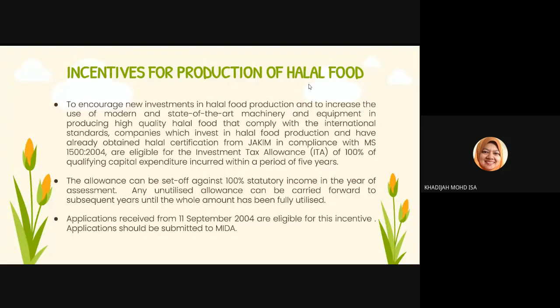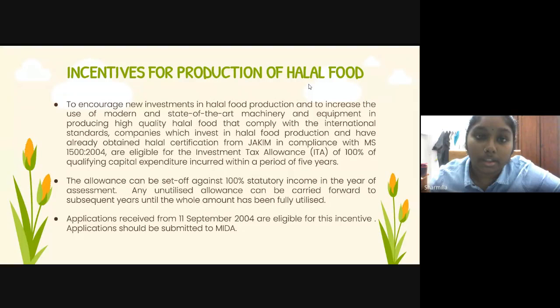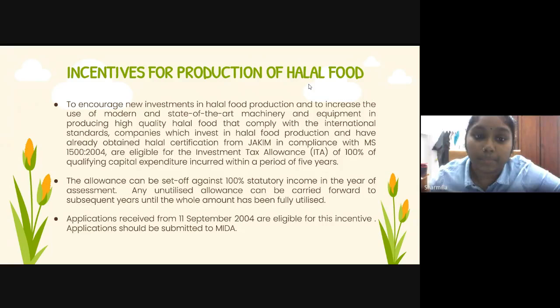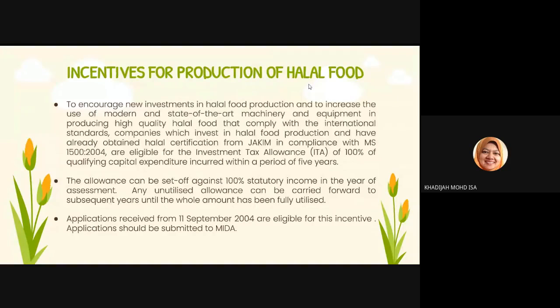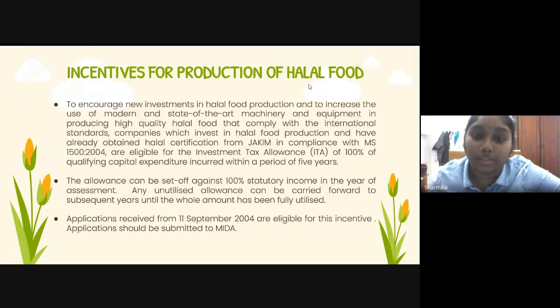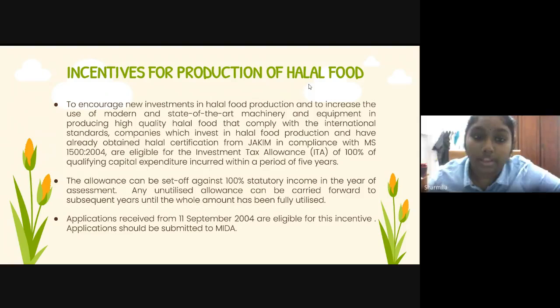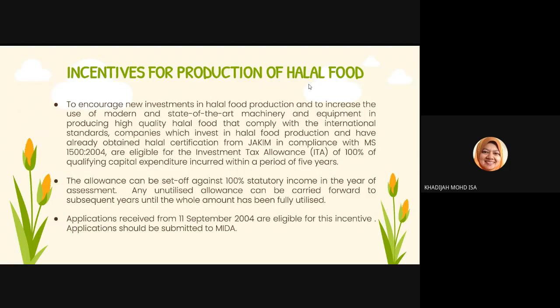In this case, instead of applying ITA, you apply the incentive for production of halal food. And then you're given 100% on your qualifying capex for 5 years. Yes, or you can also go 100% against your SI.